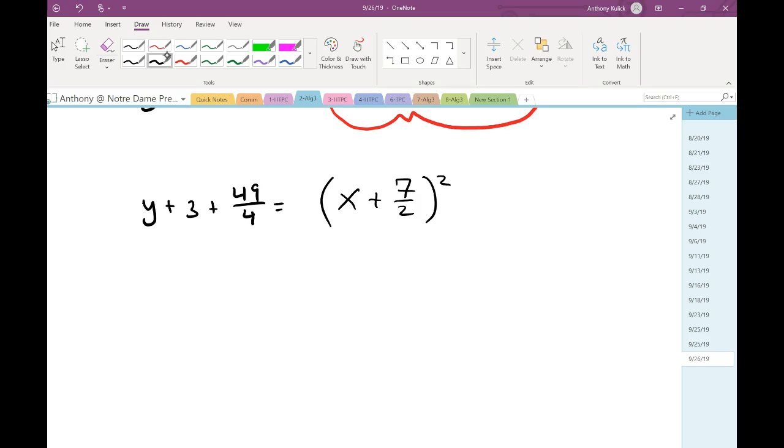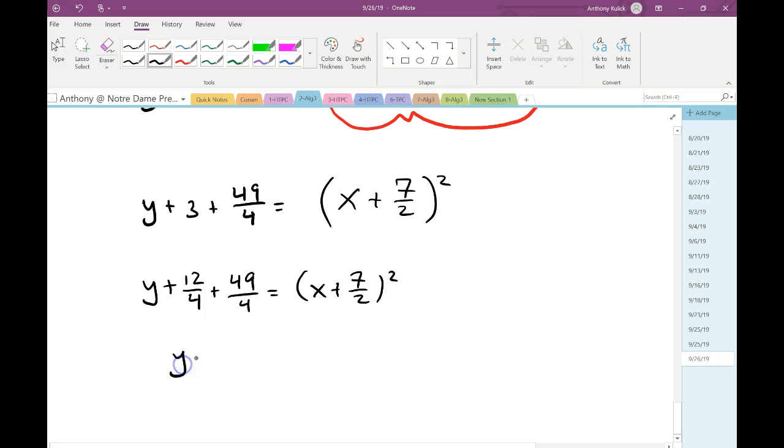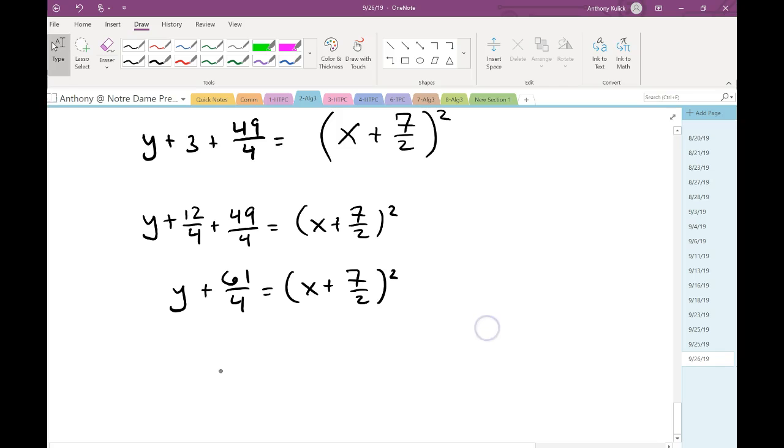So how do I rewrite 3 with a denominator of 4? 12 over 4. So if I add 49 over 4 and 12 over 4, I get 61 over 4. And then I can just subtract that over to the other side.